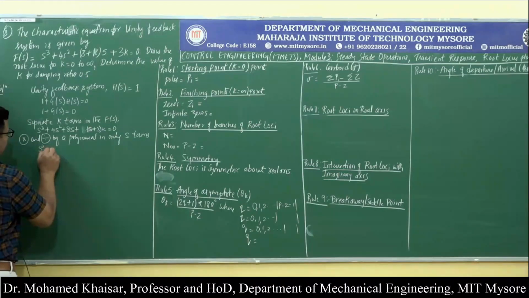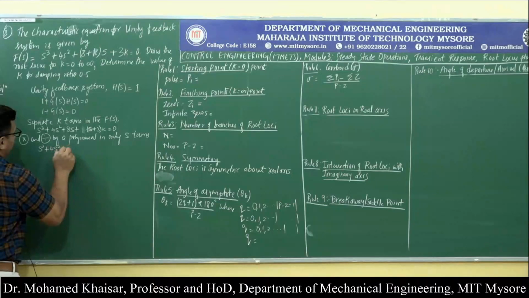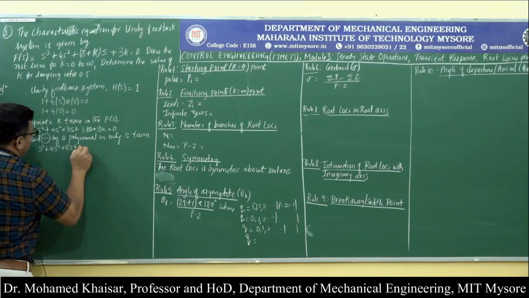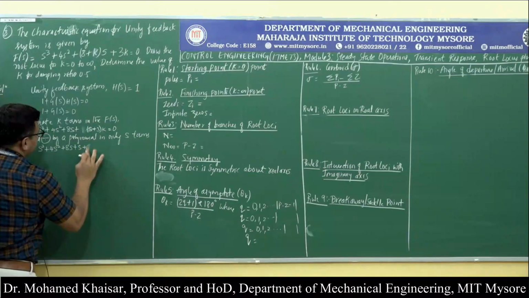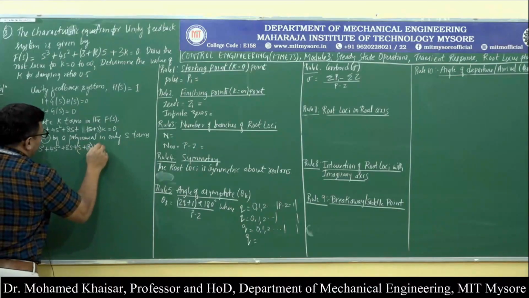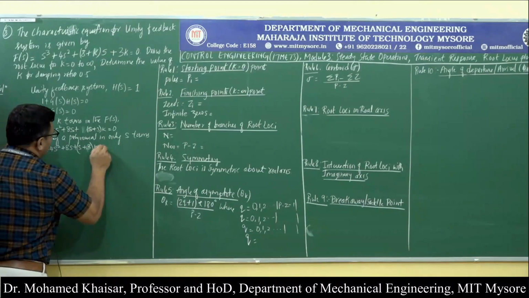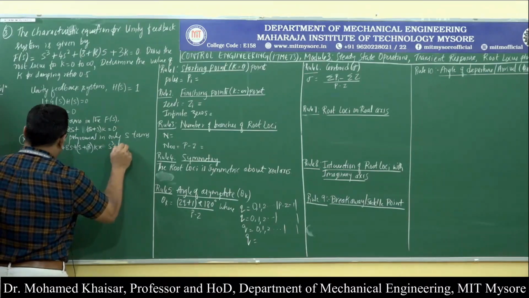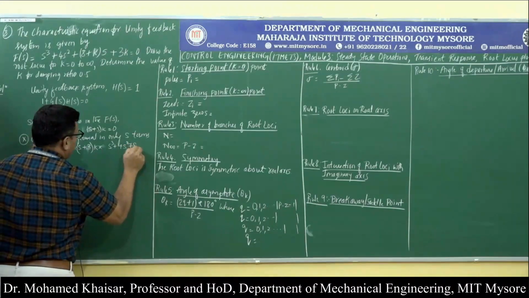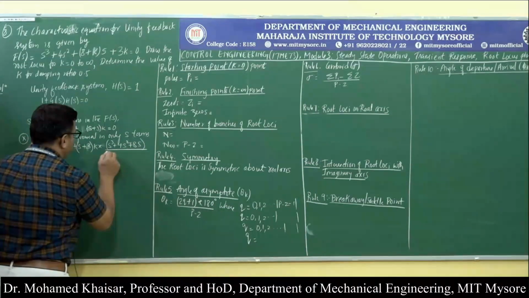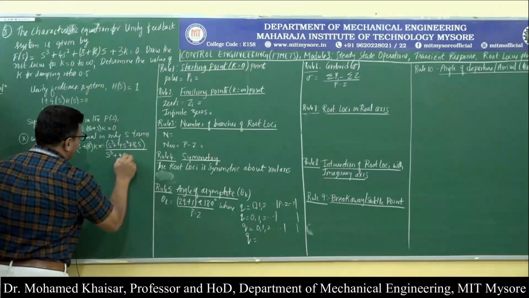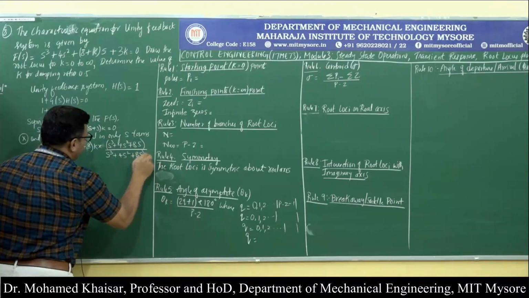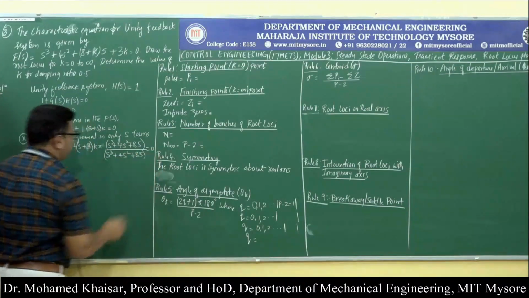Therefore, what it gives us is (4s square plus 8s plus s cube plus k into (s plus 3)) multiplied by (s cube plus 4s square plus 8s), not taking k terms into consideration, equal to 0.